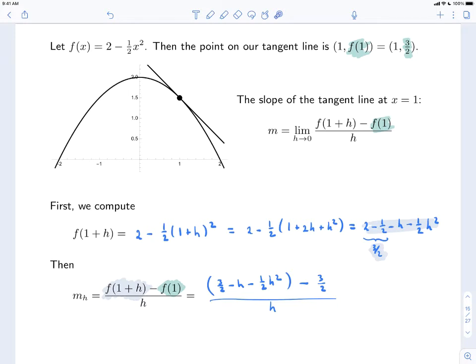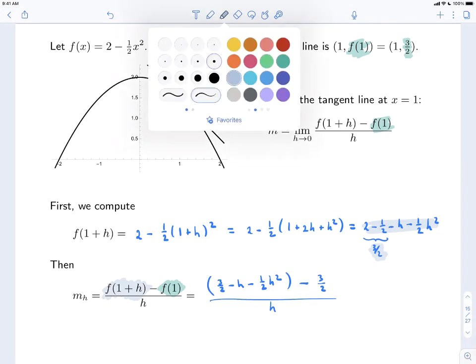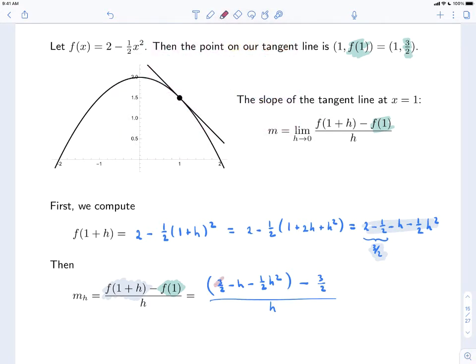The first thing you might notice is that the 3/2 cancels with the 3/2. Now we're just left with minus h minus 1/2 h squared, divided by h.